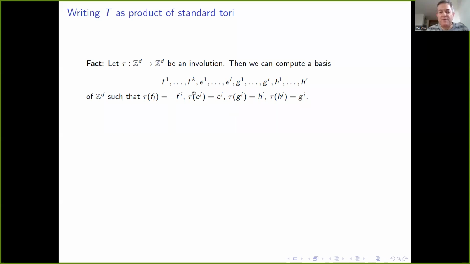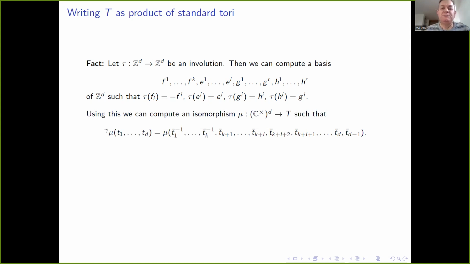And then we can compute the basis of this Z to the d with the following property, that the first k basis elements are mapped to minus themselves. Then we have l basis elements which are mapped to themselves. And then we have pairs of basis elements that are interchanged. Okay, we can compute such a basis.